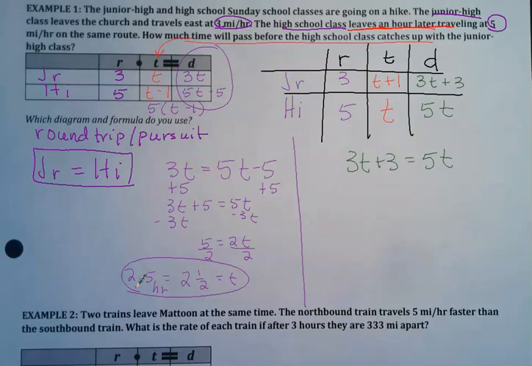What's the t? What was it? 2.5. Okay. So is that how much time passed before the high schoolers caught up to the junior high class? No, your t, remember, was how long the junior high class hiked. No, the junior high class hiked for 2.5 hours.